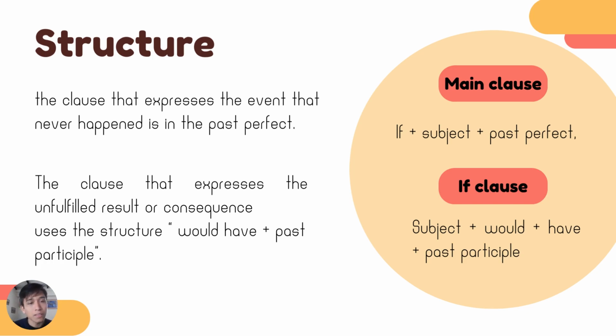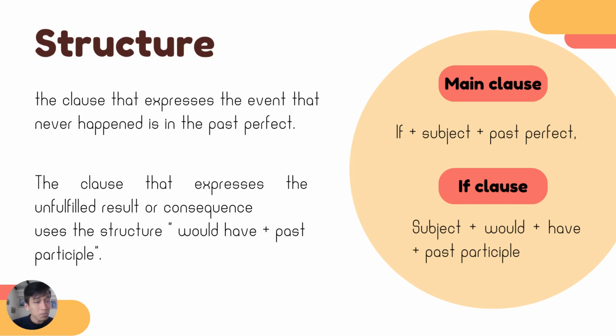And talking about its structure, we have also these two clauses, the main clause and the if clause. The clause that expresses the event that never happened is in the past perfect, while the clause that expresses the unfulfilled result or consequence uses the structure would have plus the past participle.